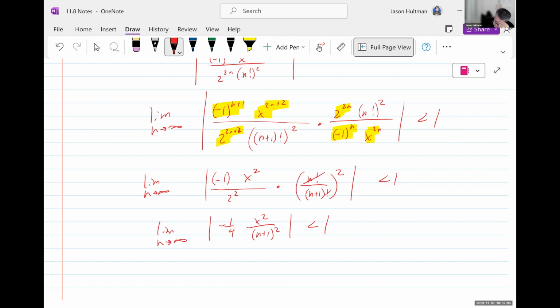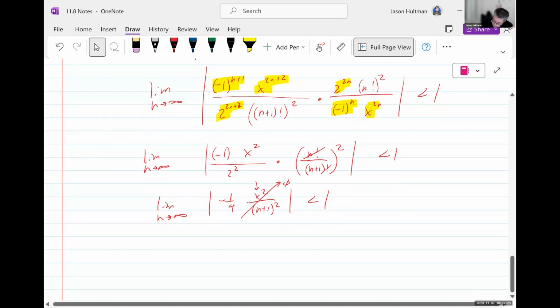Well, this thing will go to 0 regardless of what x is. You could plug in any value for x, and it's always going to go to 0 because I'm always dividing by n plus 1. And so the limit of this thing goes to 0.